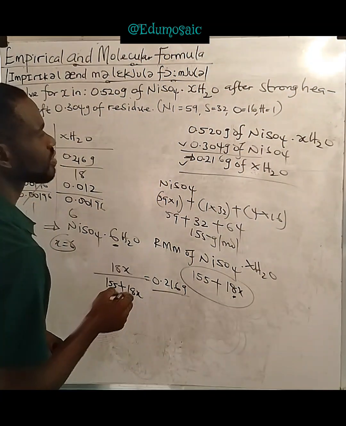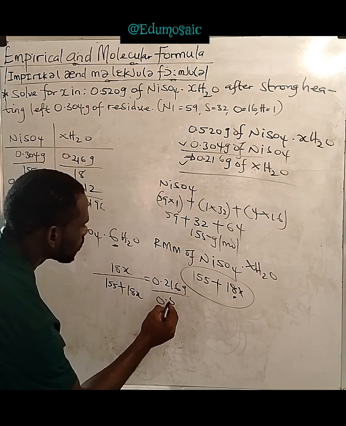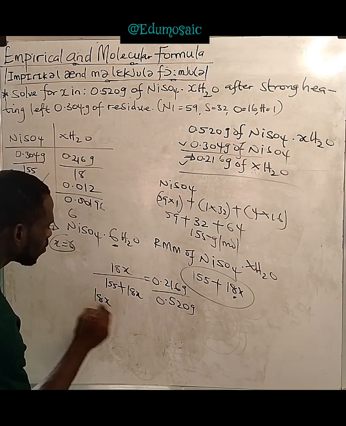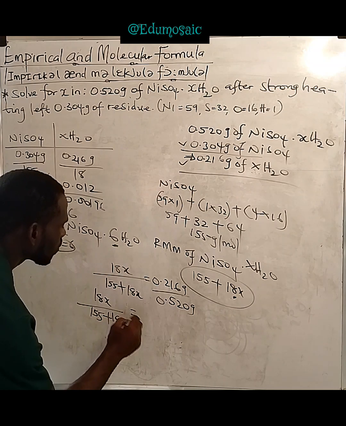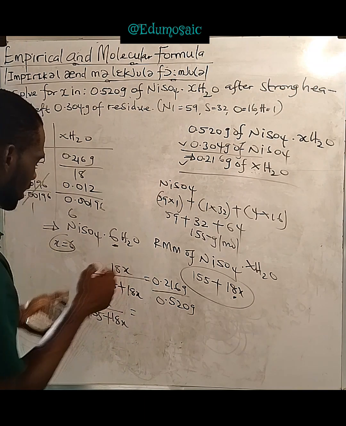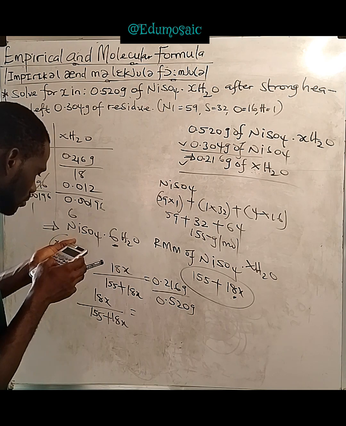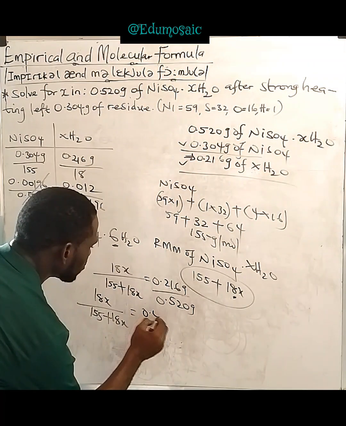What's the general mass of the whole thing? 0.520 gram. So 18x over 155 plus 18x equals, we're going to use our calculator, 0.216 divided by 0.520. It'll give us 0.415, let's say 0.42 approximately.